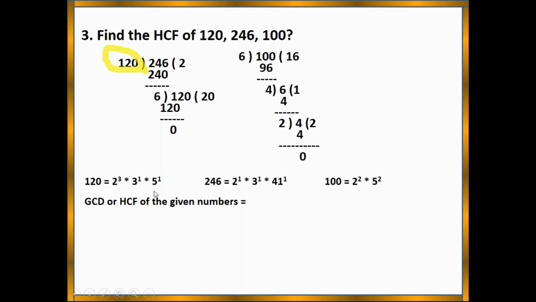So don't consider 3. 5 is a factor of 120 and 100 but not of 246. Don't consider 41 either. Here there is only one common factor, that is 2.